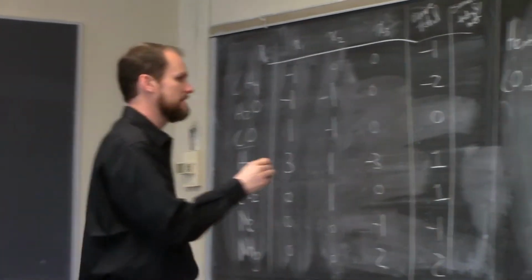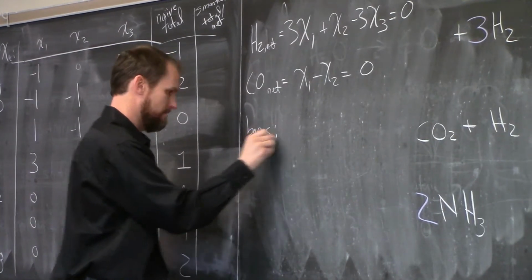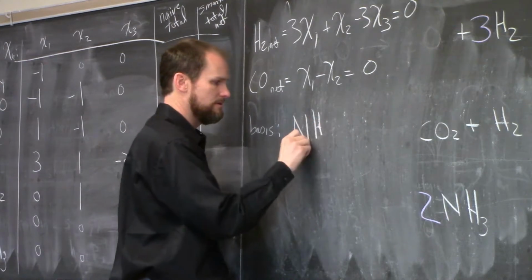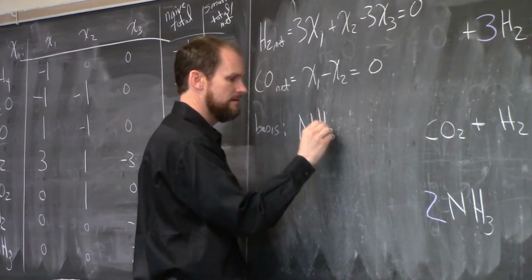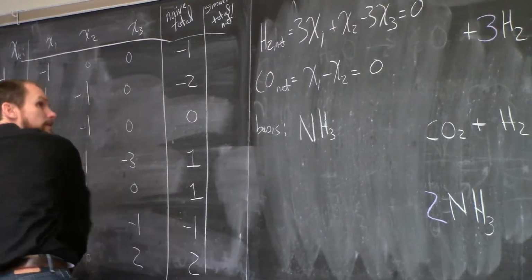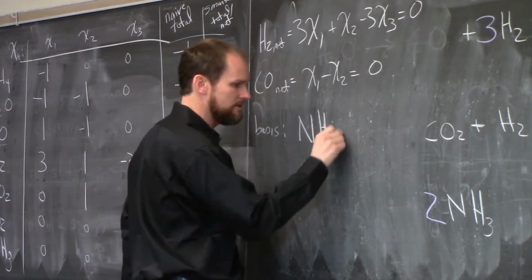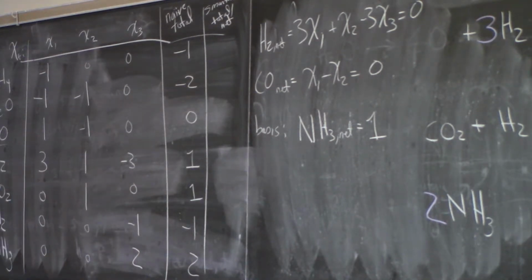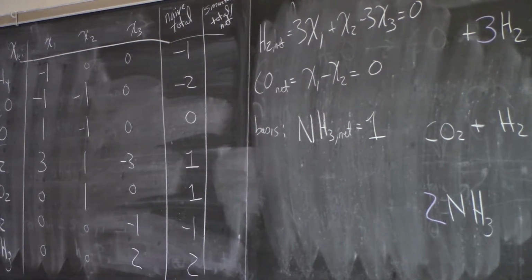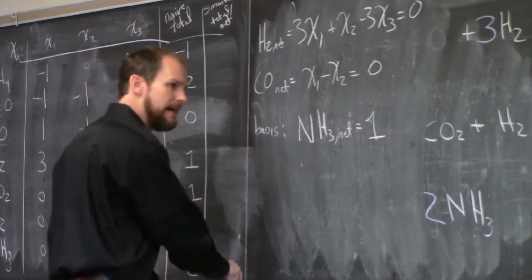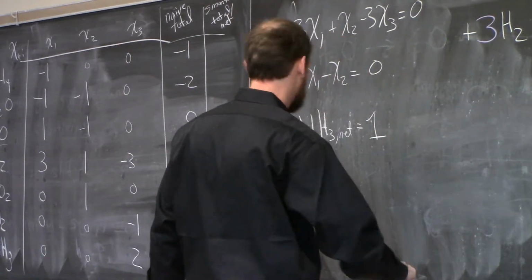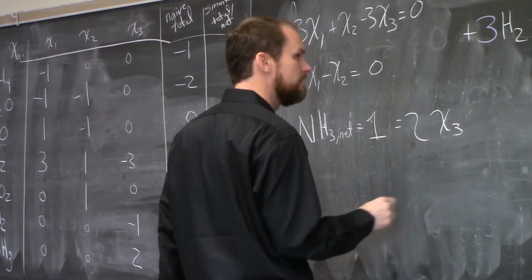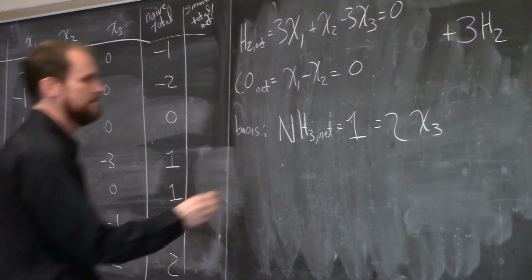And then for the third equation, I actually need to set a basis. Let's do the NH3, because that's what I'm concerned about. NH3 net production equals 1 mole. So let's try to get this one equal to 1. If we did that, that's going to be just 2 chi 3. Then we can solve.